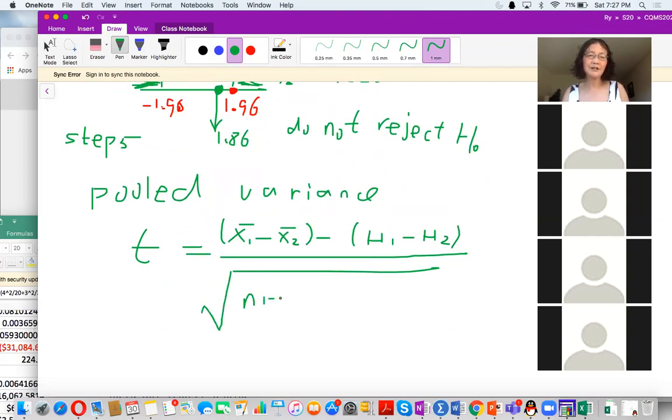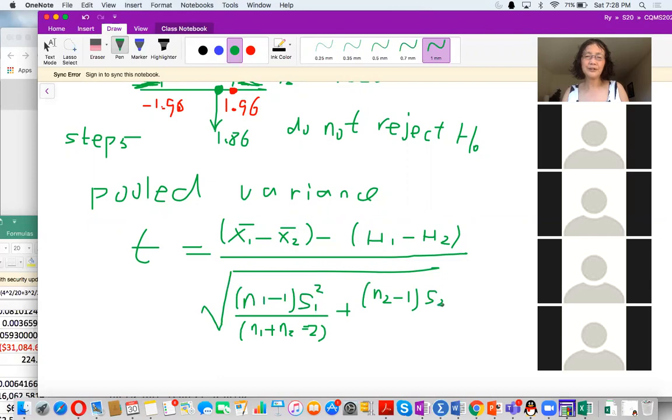Sample 1 size minus 1, times s1 squared, and then divided by N1 plus N2 minus 2, plus sample 2 size minus 1.